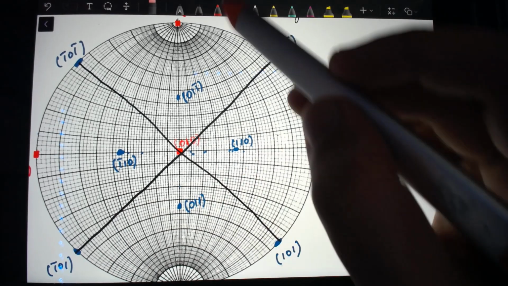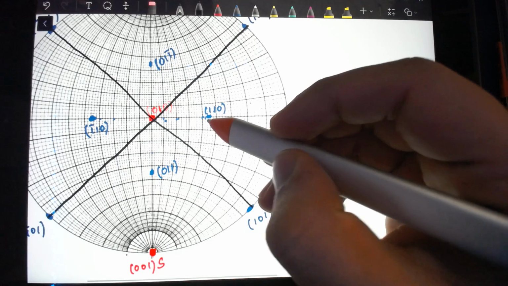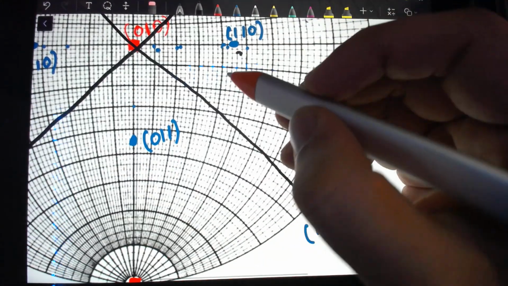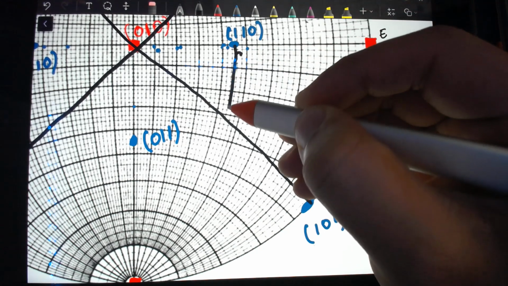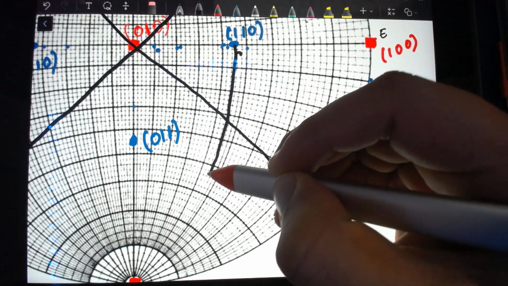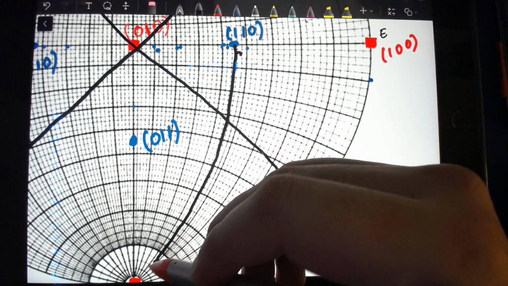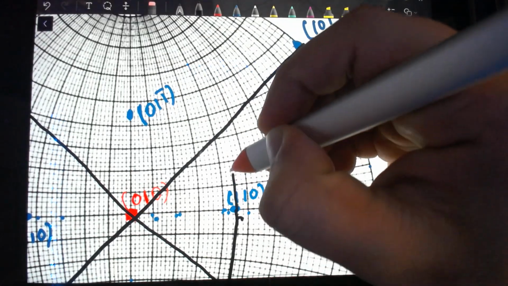All right. So let's draw the great circle of this 1, 1, 0. So this will simply follow the middle point of the 42 and 40, the 44 and the 46, and then it will go all the way down, and then same thing over here.